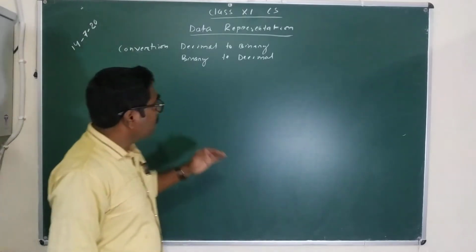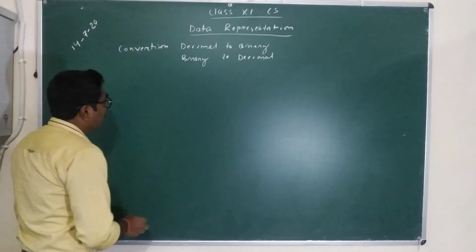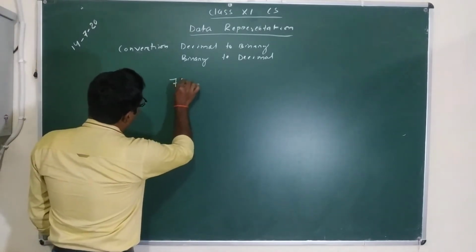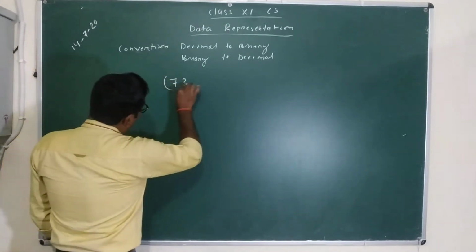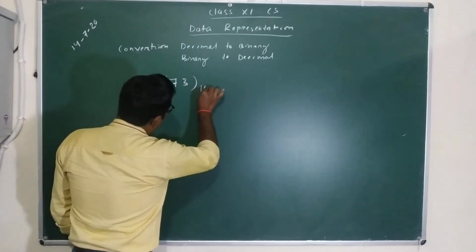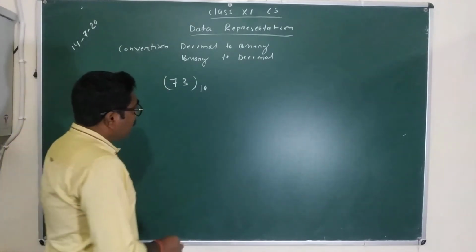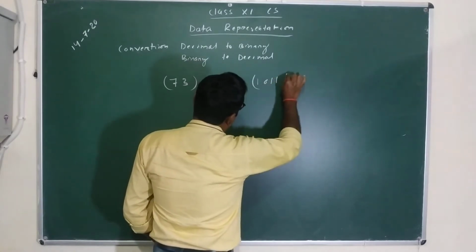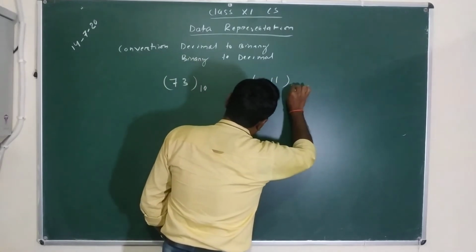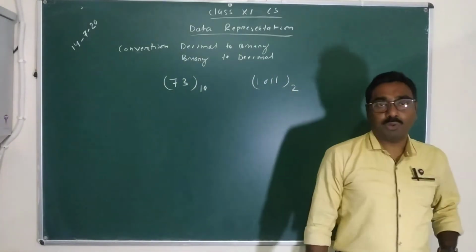In the case of a decimal number, as I told you in the last session, suppose 73 is a number, then it is a decimal number if it is indicated as base 10. Now suppose 1011 is a binary number. It is a binary number when it is written as base 2.